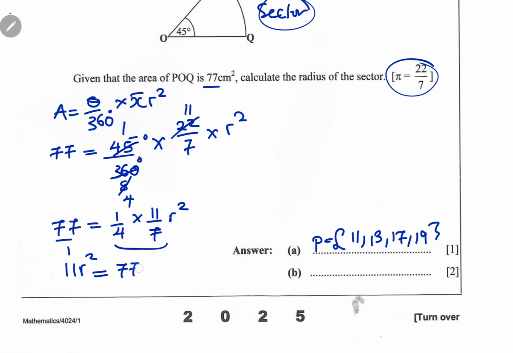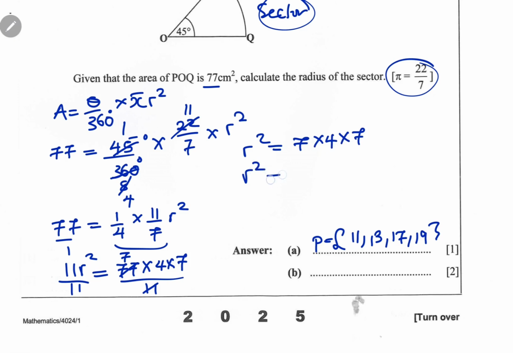So 77 multiplied by 4 multiplied by 7. Now to find r, I can divide by 11. So r square is equals to 11 into 77 is 7. So it goes to 7 times 4 times 7.